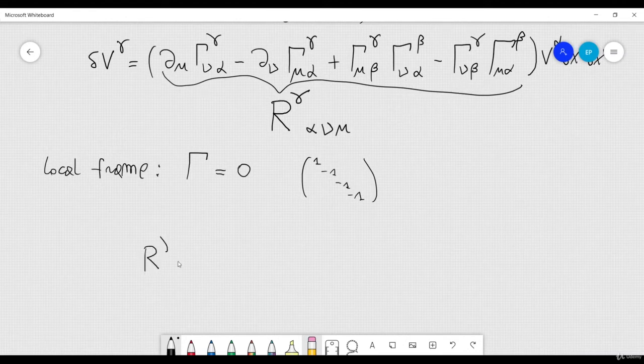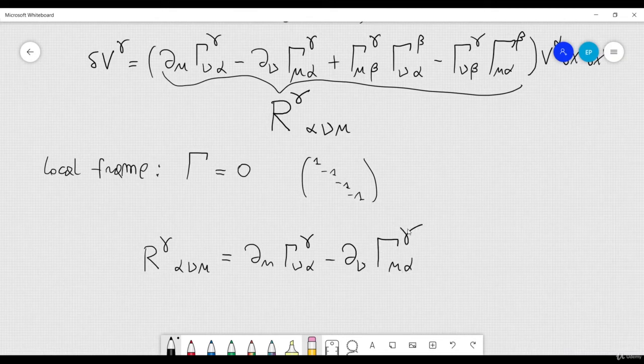So we have R gamma alpha nu mu equal to partial mu Christoffel gamma nu alpha minus partial nu Christoffel gamma mu alpha, like this. And in general, you cannot say that these derivatives here are equal to 0, because locally the Christoffel symbol goes to 0, but its derivatives are not necessarily equal to 0.